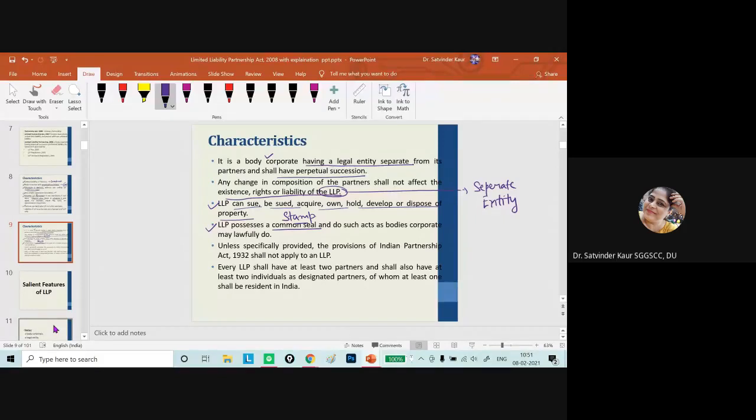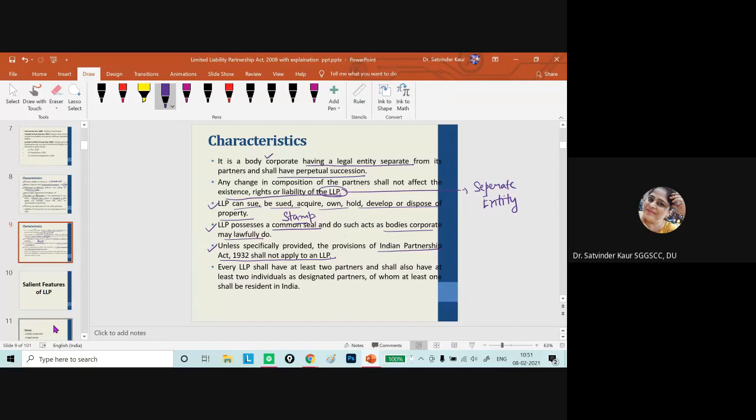In the same way that a body corporate does when entering into a contract and identifying a transaction, LLP is going to have the common seal and use that. Similarly, unless specifically provided, provisions of the Indian Partnership Act shall not apply to LLP.